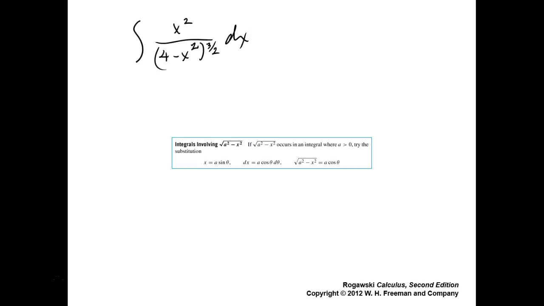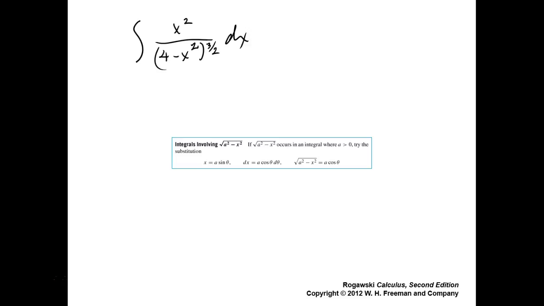Now, there's a little part of me that says maybe a regular substitution will work. Let u equal 4 minus x squared. But no, it won't, because the du would then be minus 2x dx, and you've got an x squared dx. So that's not a particularly good one. In fact, we really have a pretty bad situation here. I don't think anything is going to work well.